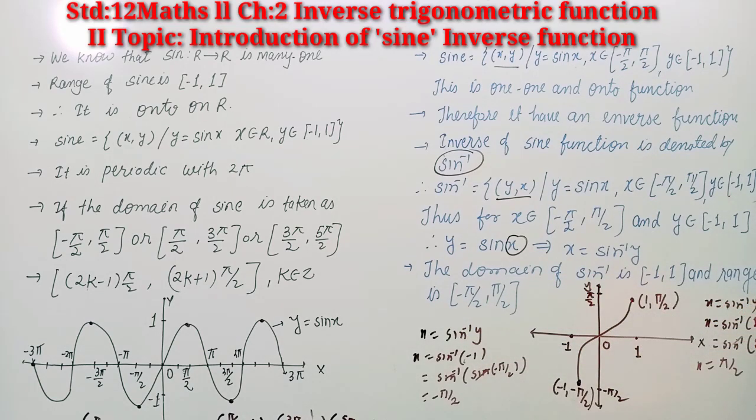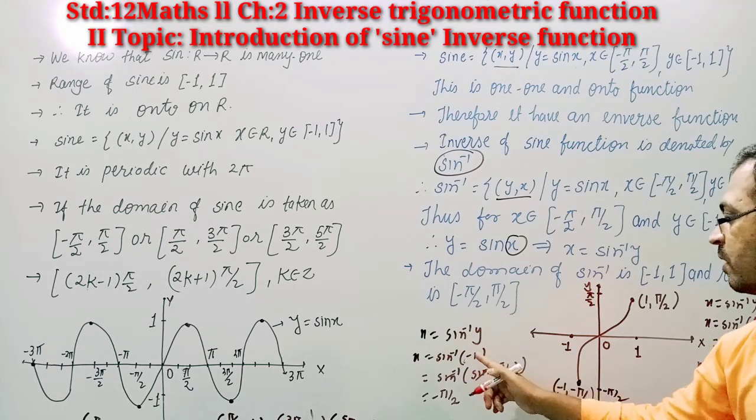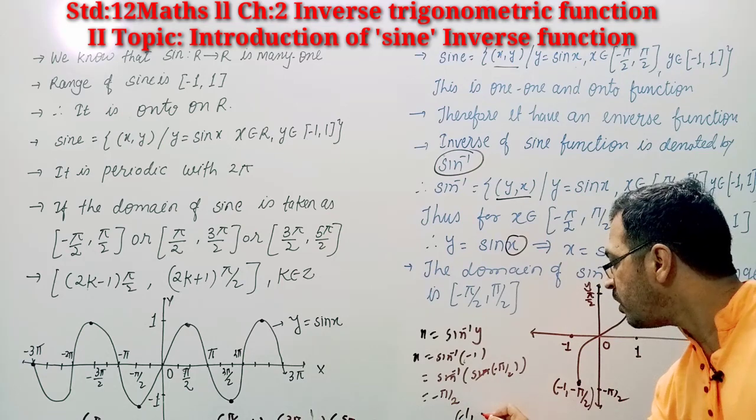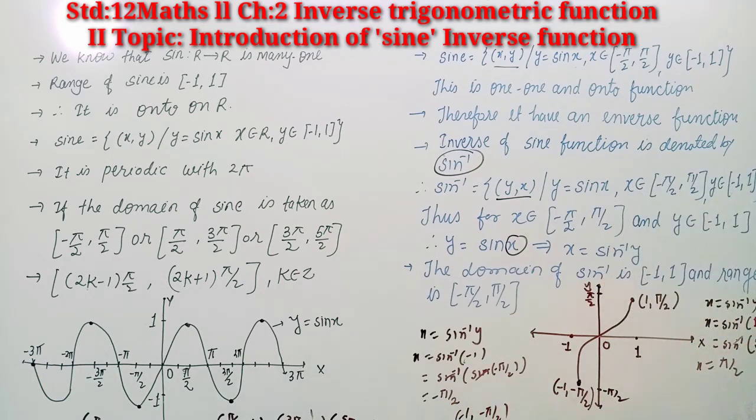So in this way students, here you are getting the pair. Input is minus 1 and output is minus pi by 2. And here input is 1 and you are getting plus pi by 2. So this point plotting over here, 1 pi by 2 will be over here, minus 1 minus pi by 2, so it passes through 0 like that way. So in this way you can plot the graph of sine inverse function.